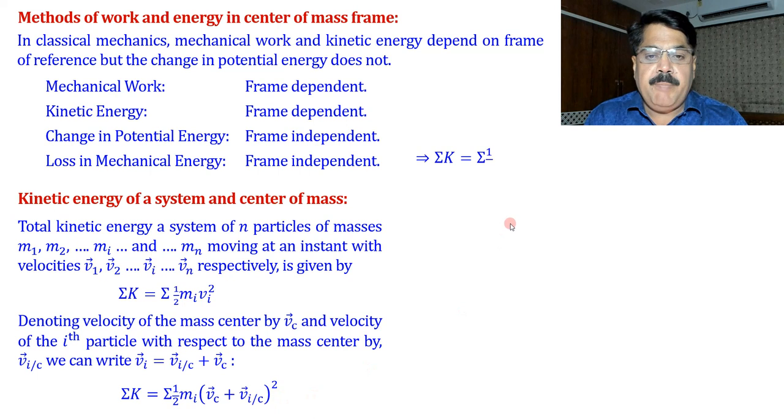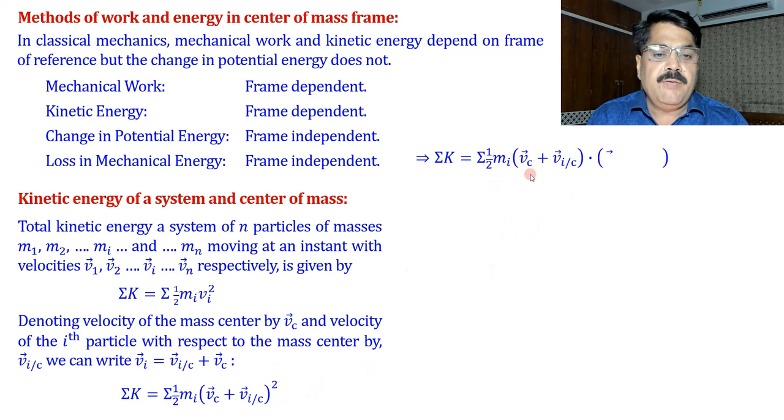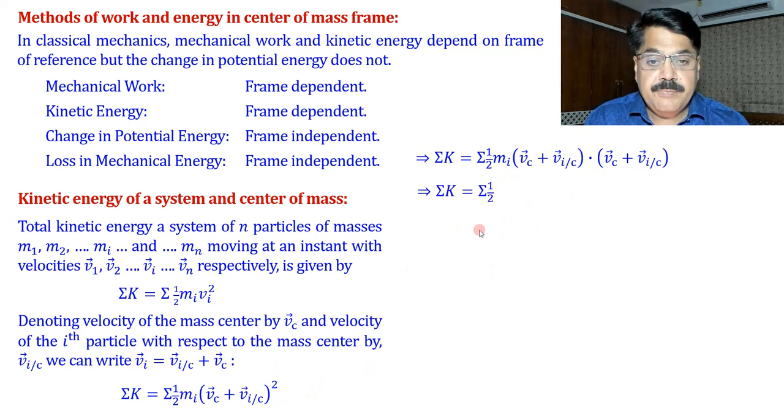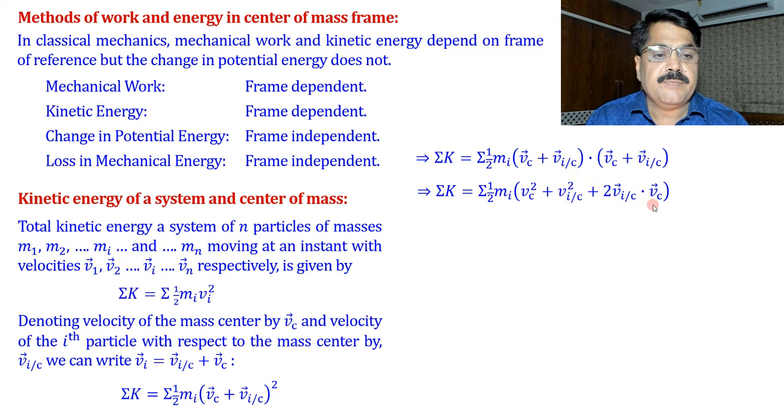Summation K will be summation half mi times vc plus vi with respect to c, dot, again vc plus vi with respect to c. Now we can simplify it. What we get? Summation K is equal to summation half mi times vc square plus vi with respect to c square plus 2 vi with respect to c dot vc. Here we can write vc dot vi with respect to c or vi with respect to c dot vc because the dot product is commutative.